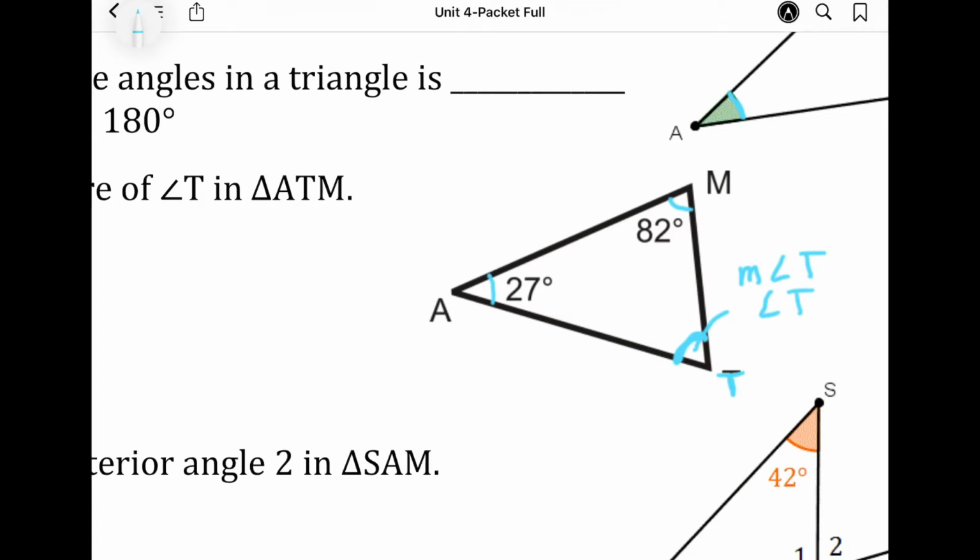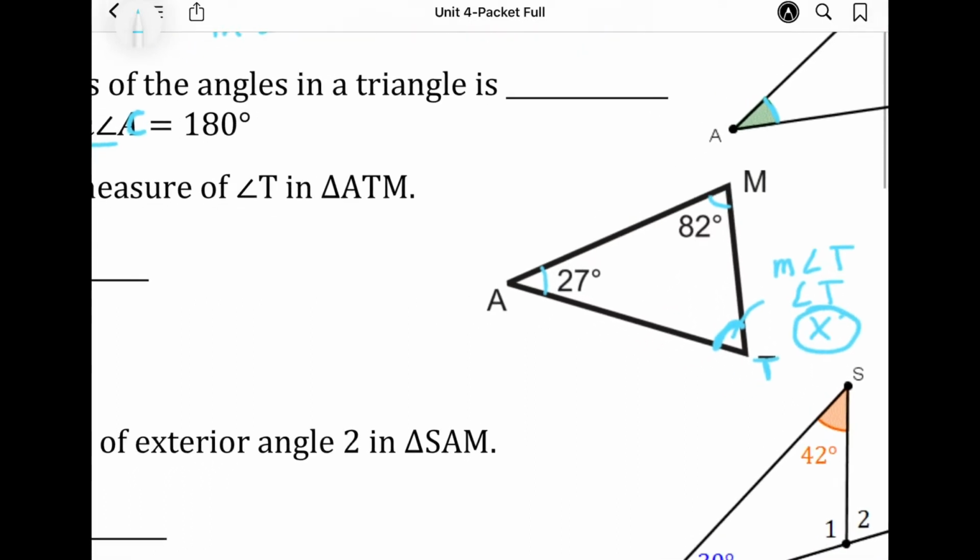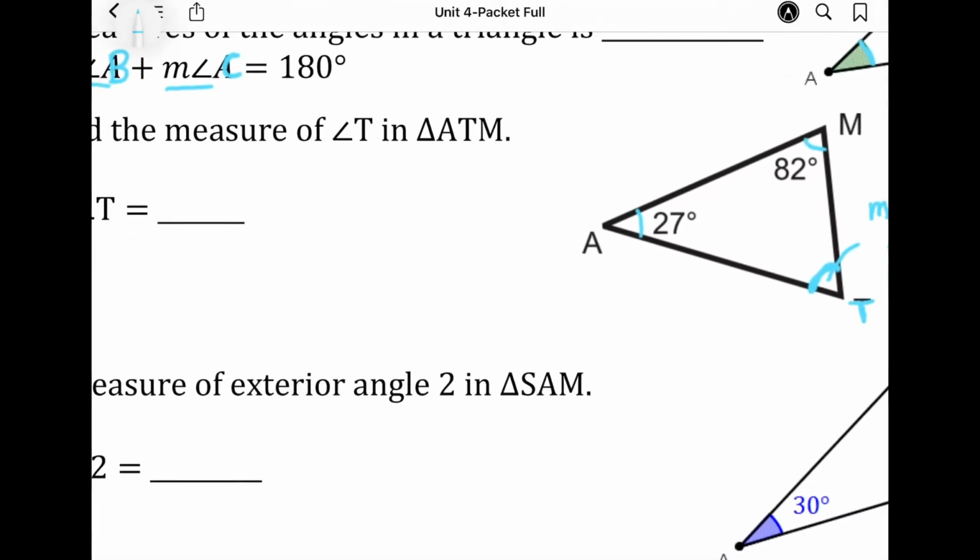We can do T, we can do X, whatever you would like. Let's do X. So I'm going to use the variable X. I'm going to add all of them together, 27 degrees plus 82 degrees plus variable X representing angle T, and it's all going to equal 180 degrees.